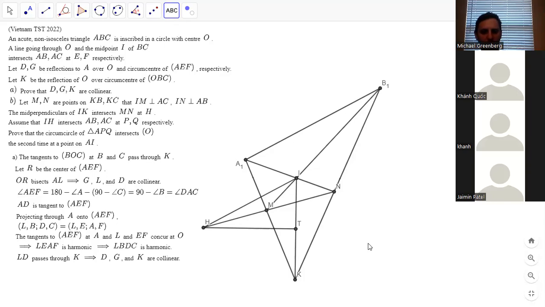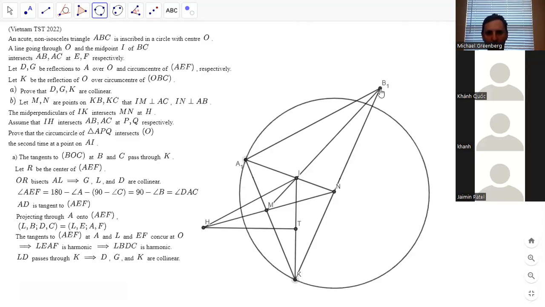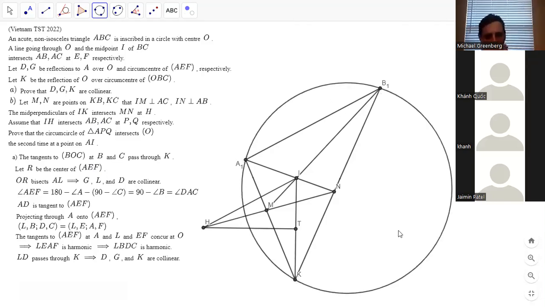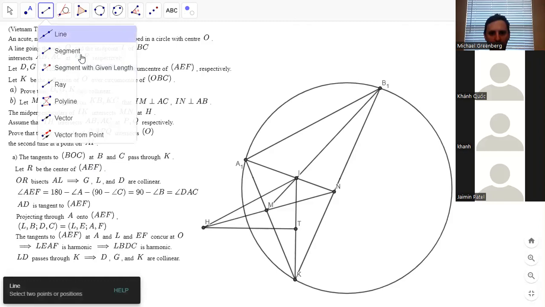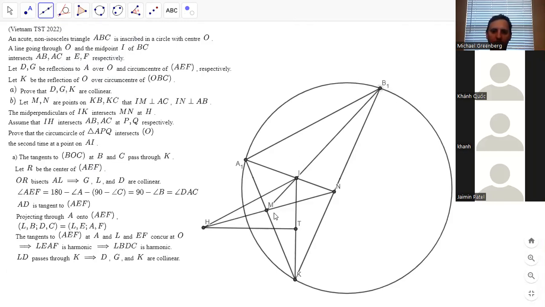Oh, okay. So, can you draw the circumcircle of KA1B1? So that gives us the perpendicular bisector of IK. It reminds me of when you let B1M meet the circle at a point, and you let A1N meet the circle at another point, then the line connecting those two points is the perpendicular bisector. Yeah, I see what you're saying.